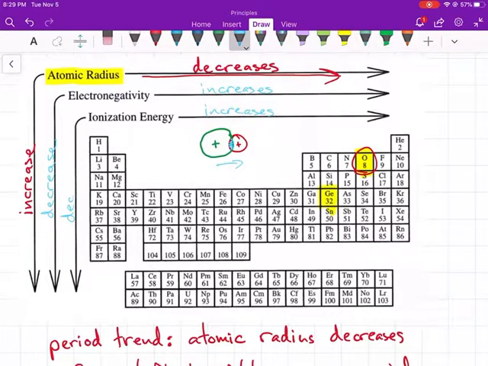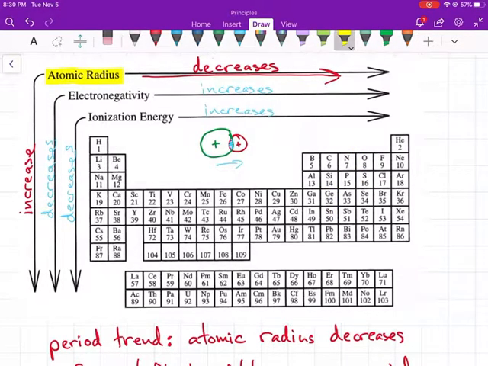So decrease and decrease. Okay? Decreases. There we go. So you can also look at this from a perspective of which one is the biggest in terms of atomic radius on the periodic table, and which one's the smallest, and that'll help you remember what the trends are.